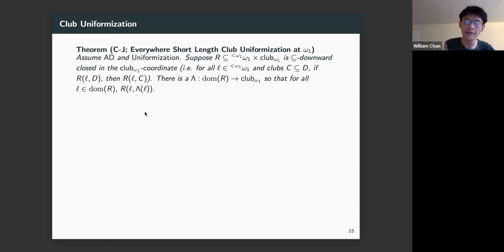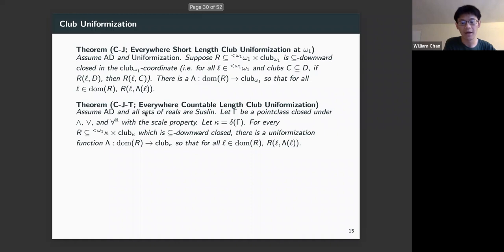The argument here is specific to the length of the indexing family. So the best we can do in this everywhere direction is everywhere countable length club uniformization. Assuming AD and all sets of reals are Suslin, meaning all sets of reals have certain tree representations, let gamma be a point class which is closed under and, or, for all R, and has the scale property.